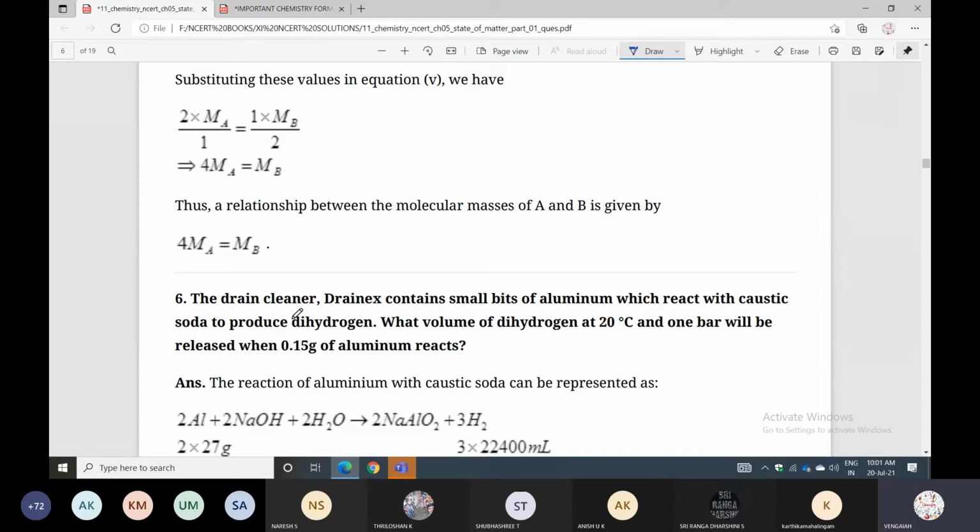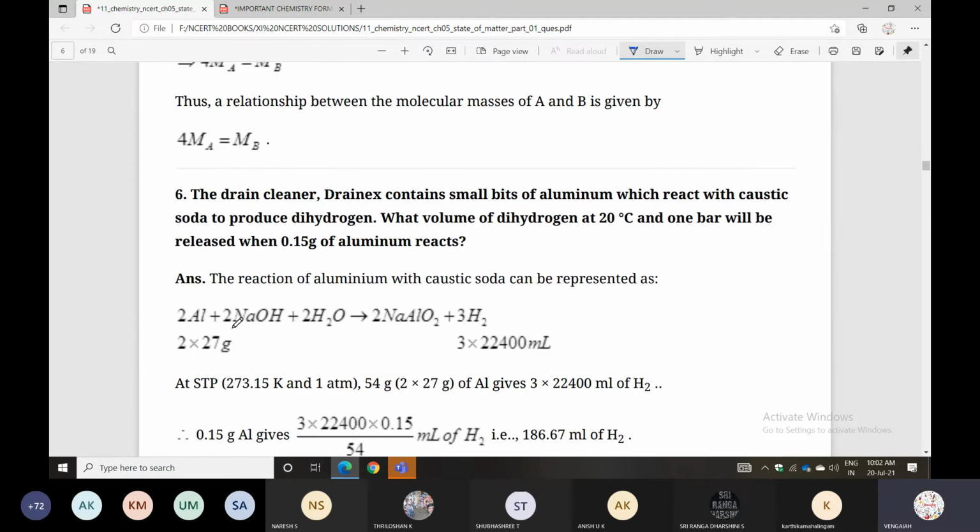What volume of dihydrogen at 20 degrees centigrade and 1 bar will be released when 0.15 grams of aluminum reacts? The reaction of aluminum with caustic soda can be represented as... what is the reaction?